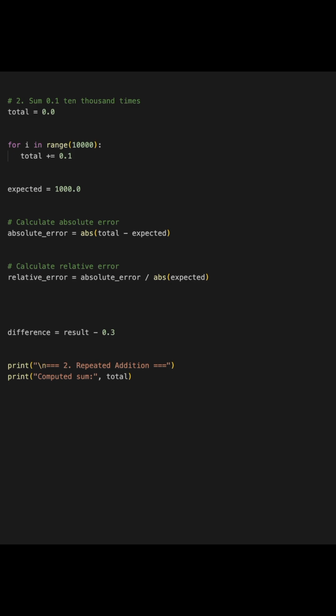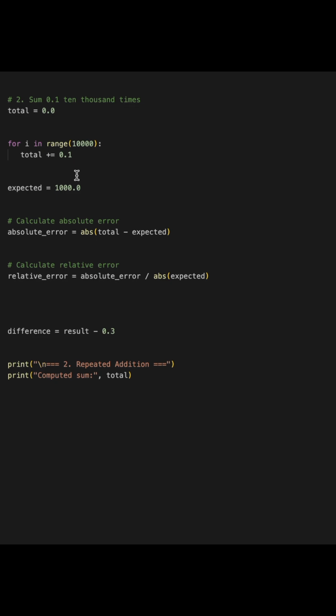And repeated addition. So we set here expected equals 0.1 times 10,000, so the expected value is equal to 1,000. Then we calculate the absolute error, which is equal to the absolute value of total minus expected.